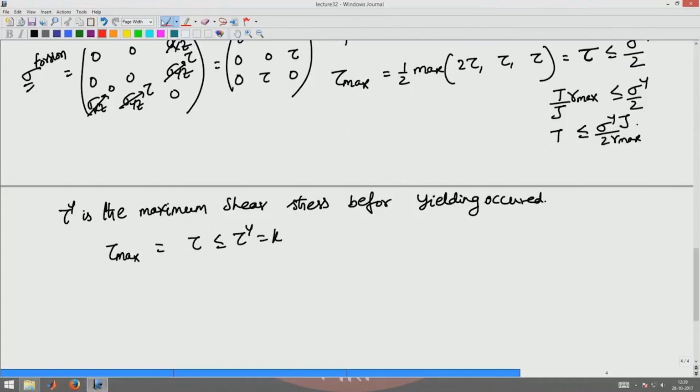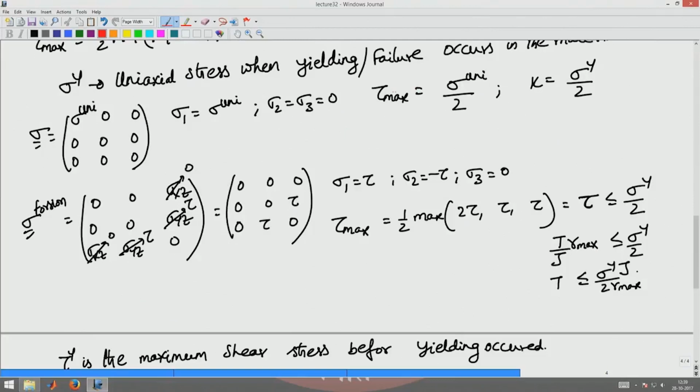Then I have tau max for pure shear given by tau. This should be less than or equal to tau y, so this is equal to your kappa. In that case, if I go back and predict my uniaxial state of stress, I know that tau max for the uniaxial state of stress is this.